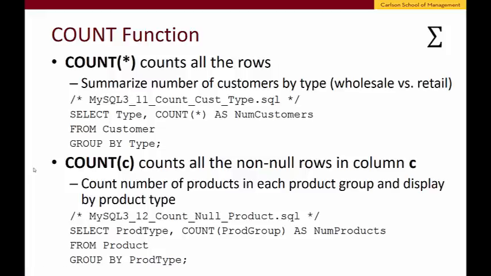For example, the next script counts the number of products in each product group broken down by product type. Those products or services that are not classified in any of the product groups will not be counted.